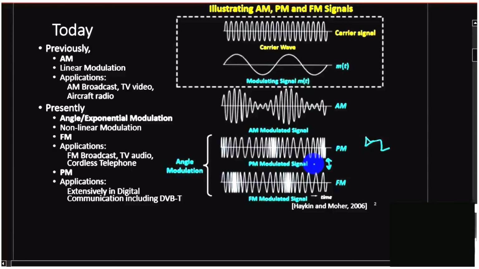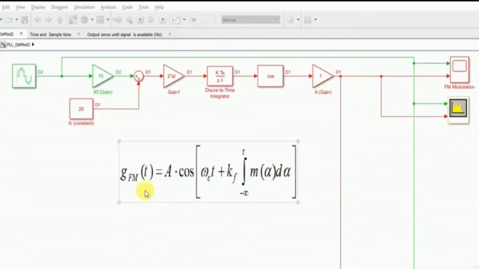Now let us look into a Simulink environment for an FM modulator. So g FM of t is equal to A cos of omega ct, the carrier frequency, plus Kf, the sensitivity parameter, and integration of m of alpha, which is basically in our case this signal m of t.